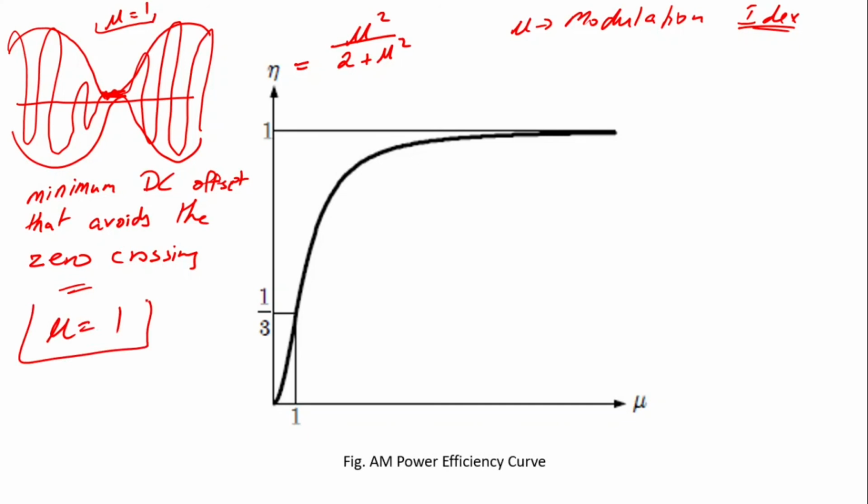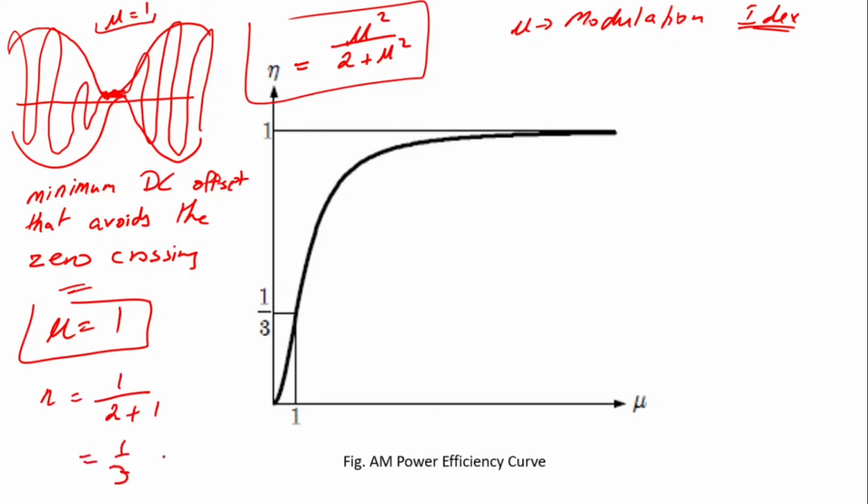Setting mu equal to 1 in the power efficiency expression, we have 1 over 2 plus 1, so this is 1 by 3. That is 33% efficiency or 0.33. So at best we can get this much efficiency only.